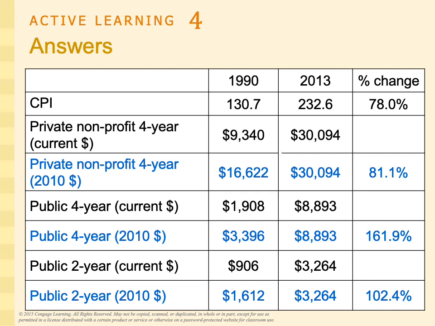The public 4-year was $3,396, and the 2-year public school was $1,612. Once you calculated the percent increases, you can see that public 4-year schools have had the largest increase.